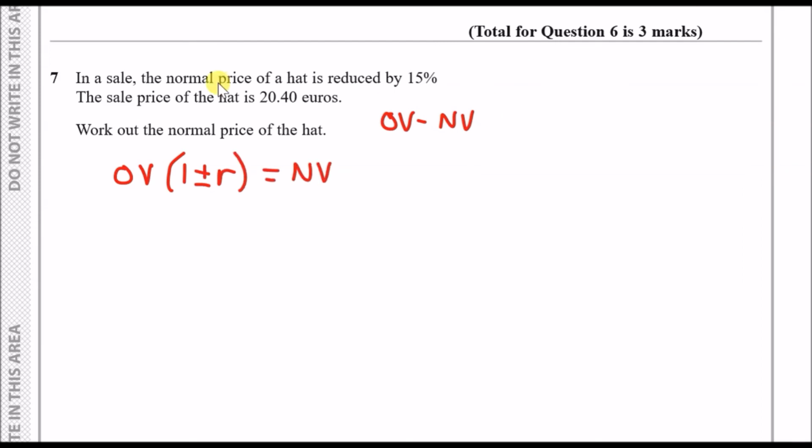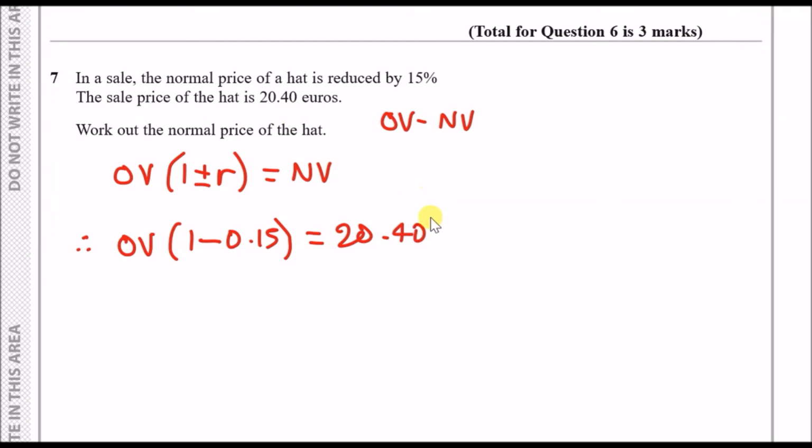Because we know that the normal price of a hat is reduced, we're going to use the negative sign. And R is going to be our 15%, and we know that the new price, i.e. the sale price, is 20.4. So our formula is now going to look like OV bracket 1 minus 15%. Well, 15% is the same as 0.15, and we know that the new value is now 20.40 euros.